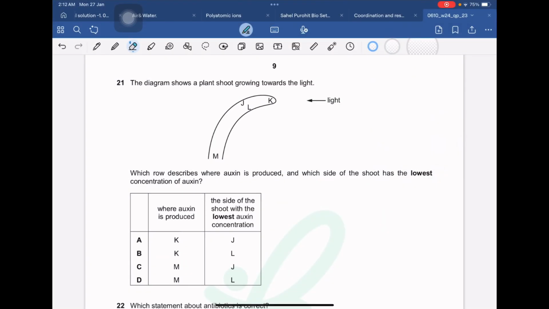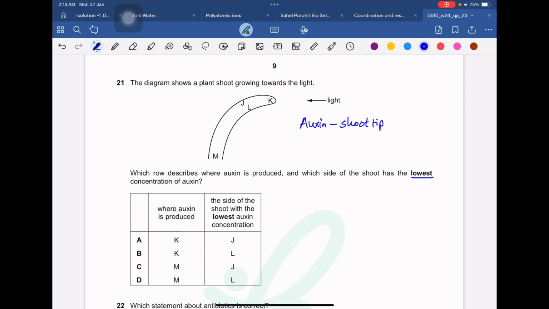Let us move on to question number 21. It says the diagram shows a plant shoot growing towards the light. Which row describes where oxygen is produced and which side of the shoot has lowest concentration of oxygen? So in that case, first of all, oxygen is produced in the shoot tip.